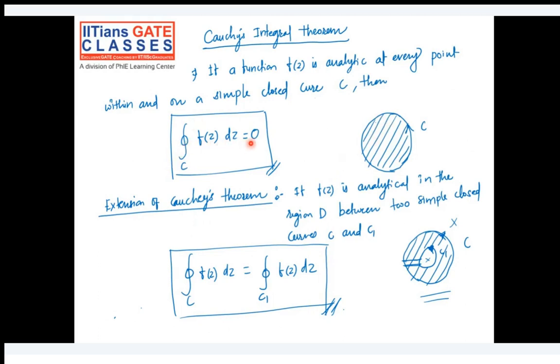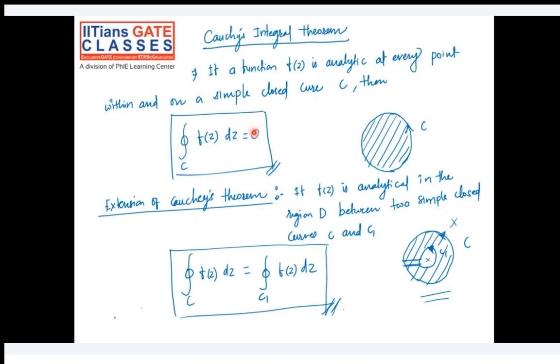So the meaning is, if your f of z is analytic at every point, then if you take a closed loop integral of that function f of z dz, it is 0 basically.